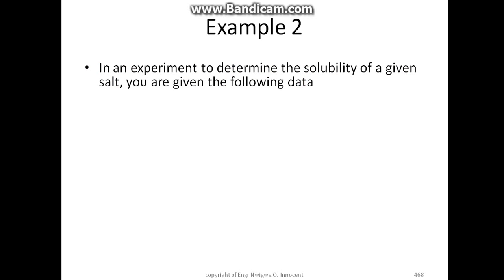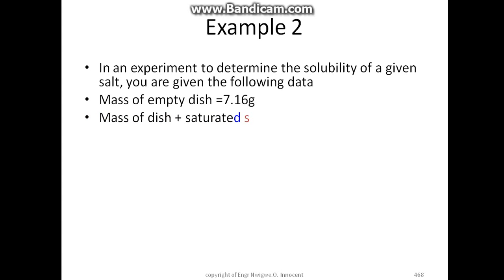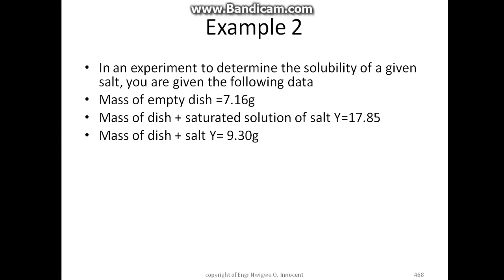Example 2. In an experiment to determine the solubility of a given salt, you are given the following data. Mass of empty dish equals 7.16 gram. Mass of dish plus saturated solution of salt Y equals 17.85 gram. Mass of dish plus dry salt Y equals 9.30 gram.